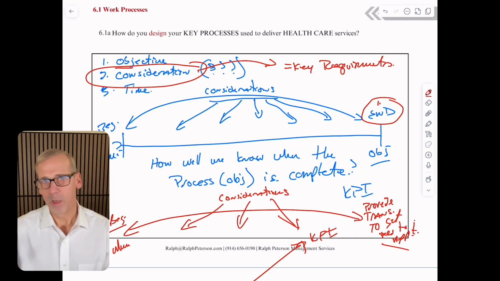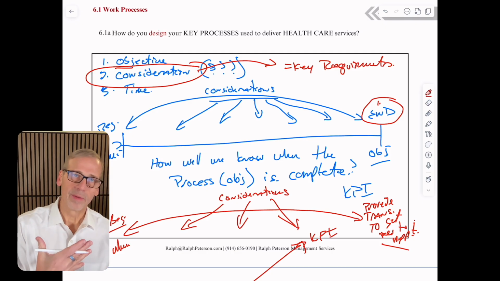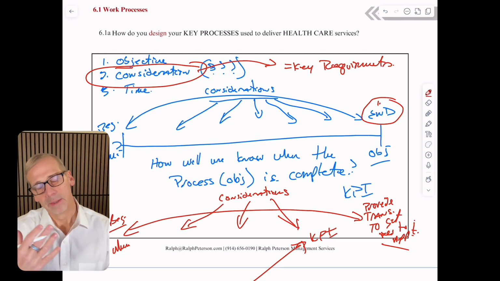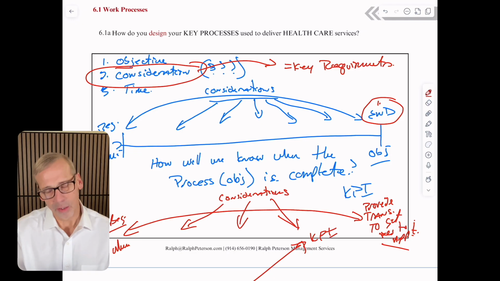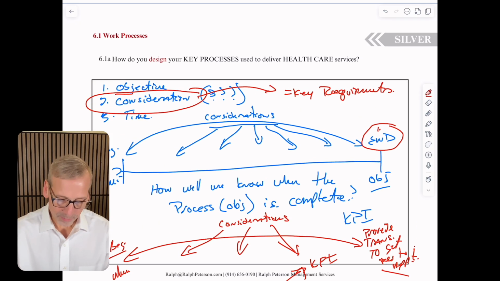And again, the management piece, you probably already have a pretty good grasp on. You probably are not too familiar with designing a key work process, and improving a key work process is also an area that most people that I work with struggle with at first. But the management piece you probably have pretty good. So we'll do management next week.